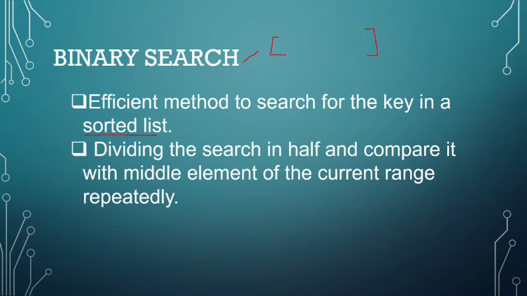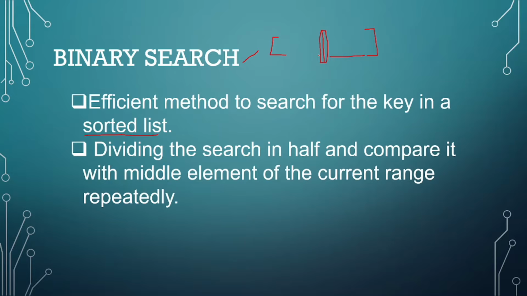And how does binary search work? For example, if you have a list, it will divide the list into half, and you first compare with the middle element. You check whether the searching element is equal to the middle element. If it is equal, it will give the position. Otherwise, if the middle element is greater than the searching element, the search will start on the right side.